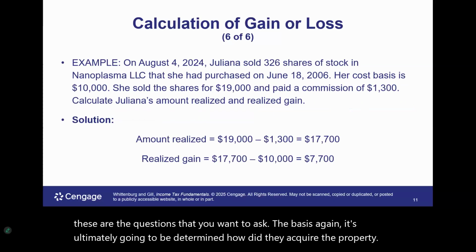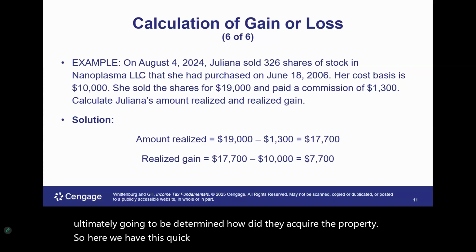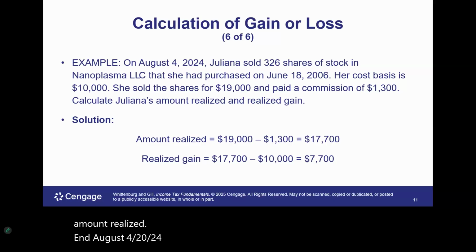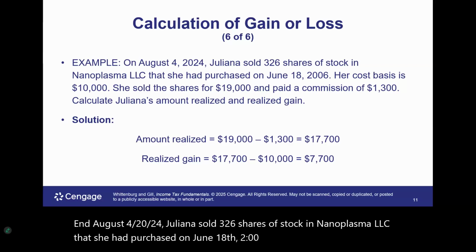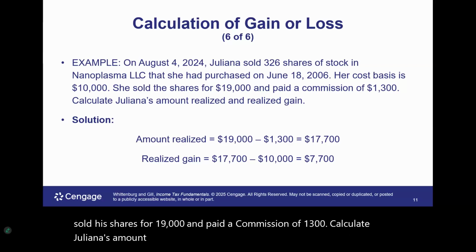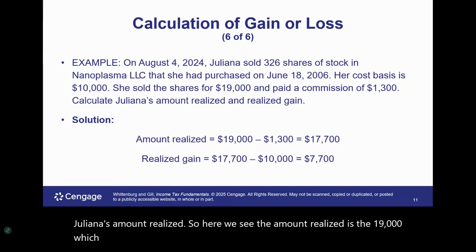So here we have this quick example, and it states, calculate Juliana's amount realized. On August 4, 2024, Juliana sold 326 shares of stock in Nanoplasma LLC that she had purchased on June 18, 2006. Her cost basis is $10,000. She sold the shares for $19,000 and paid a commission of $1,300. So here we see the amount realized is the $19,000, which represents how much she sold it for.